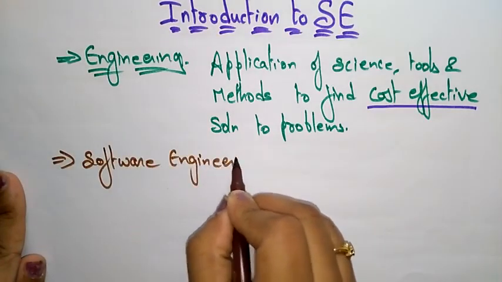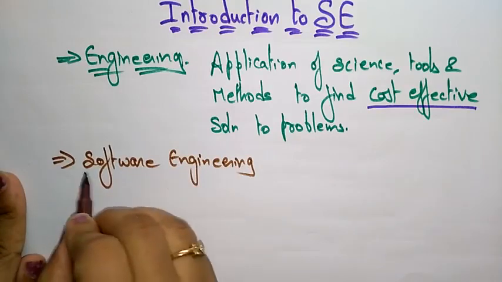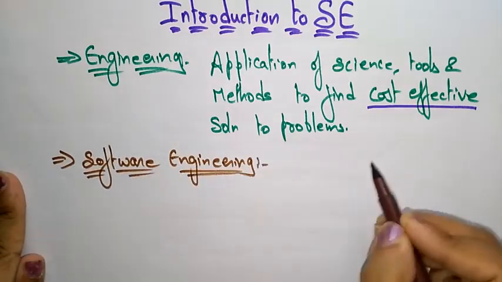Engineering means it is an application of science, tools and methods. And what about software engineering?